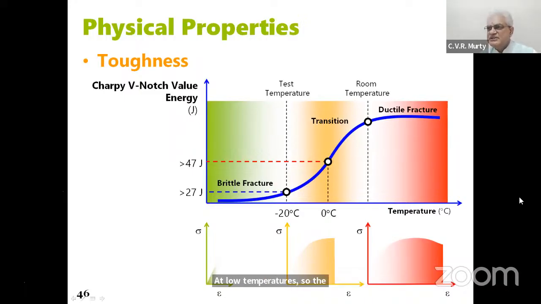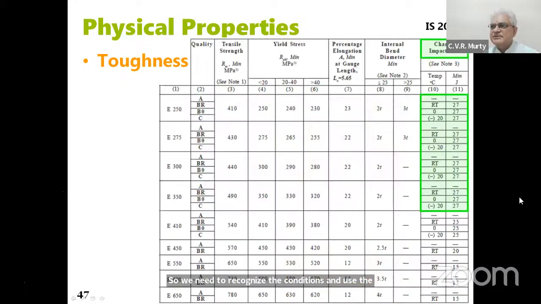And so this is a serious study if you're building it in the areas where we have snow for a significantly large duration of time. Alternately, you will notice that you will not be able to hold up too many stories on that structure, or you will not be able to hold up very severe shaking on that structure if your steel is very brittle here. So we need to recognize the conditions and use the appropriate steel for that purpose.